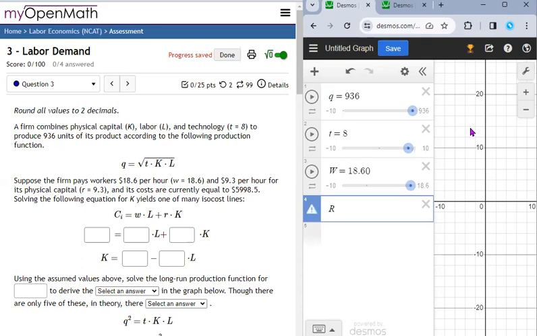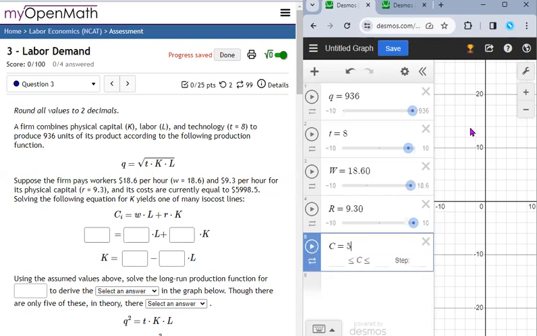The cost of capital is equal to $9.30 per hour. And maybe its costs are currently $5,998.50, right?